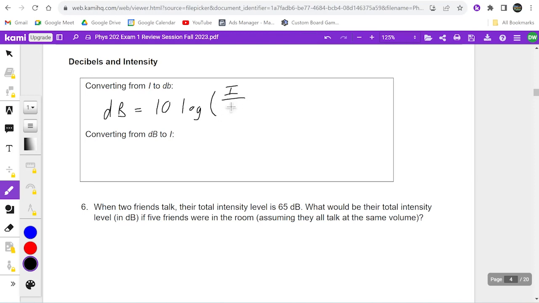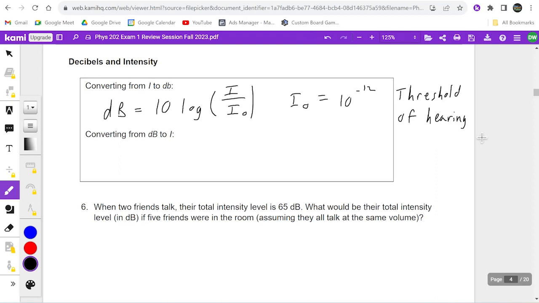It's the log of I over I naught, where I naught is equal to 10 to the minus 12th power. This is known as the threshold of hearing. In other words, if it was any quieter than this number, then you would not hear a thing. Okay, so that's it for that equation.